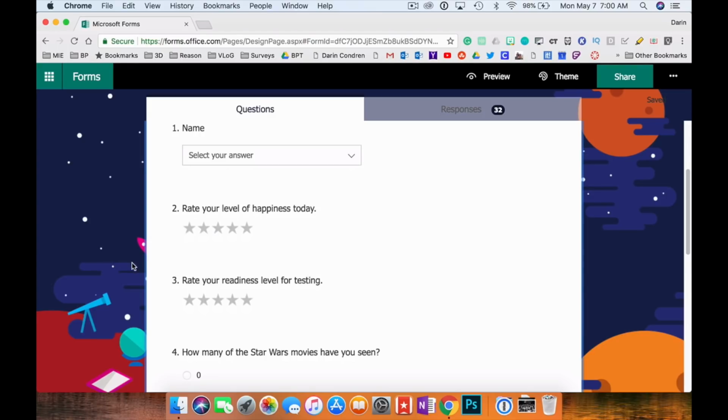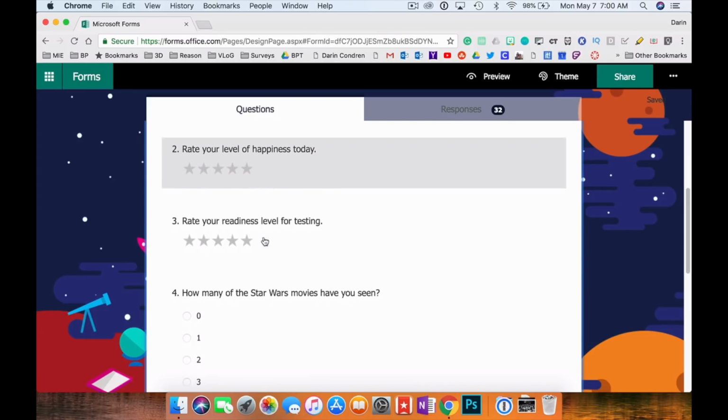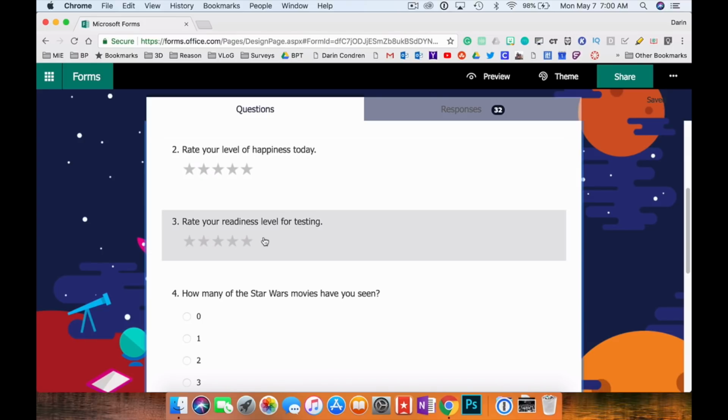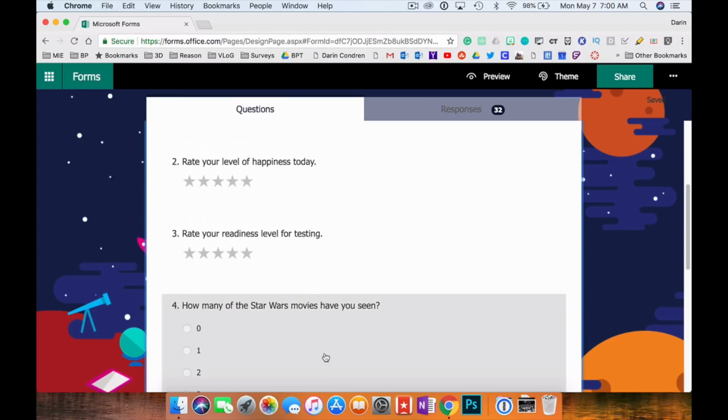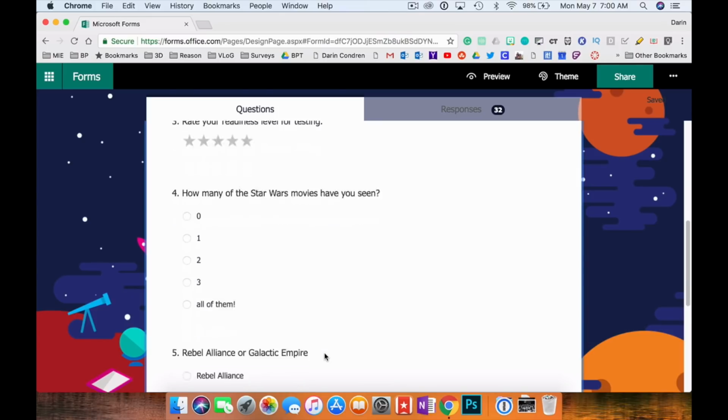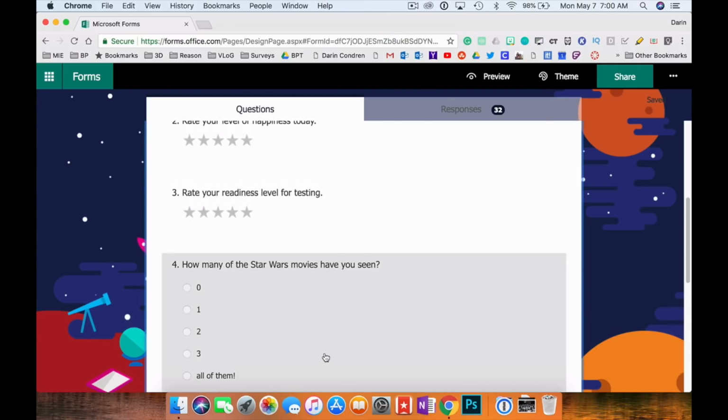It's that simple. Then I have them rate their level of happiness, or how they're doing, how they're feeling about something. This week we're starting testing, so I asked them about that. Then this was kind of just a fun one because it was May the 4th, last Friday, and we watched Star Wars, so I just asked them a couple of Star Wars questions.